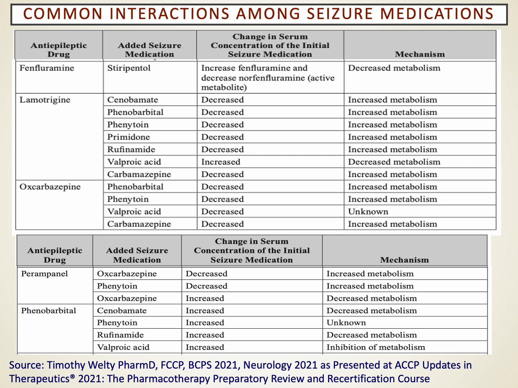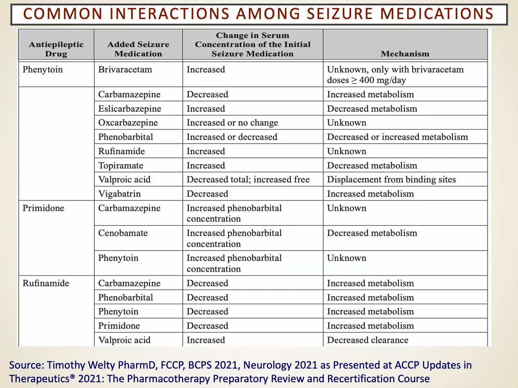With this table, lamotrigine, lots of interactions here affecting metabolism. With most agents, it will increase the metabolism or lower the levels of another drug, but that is very different with valproic acid, where you're really concerned about an interaction there.